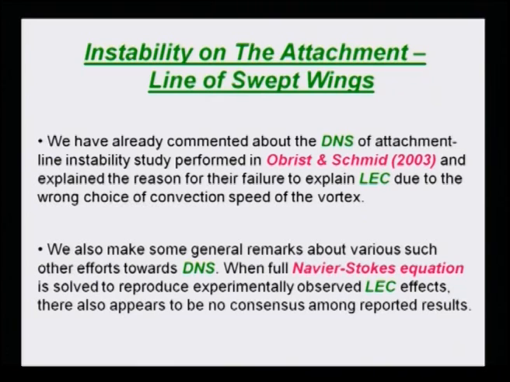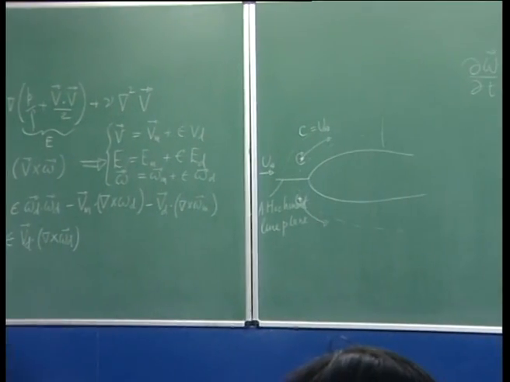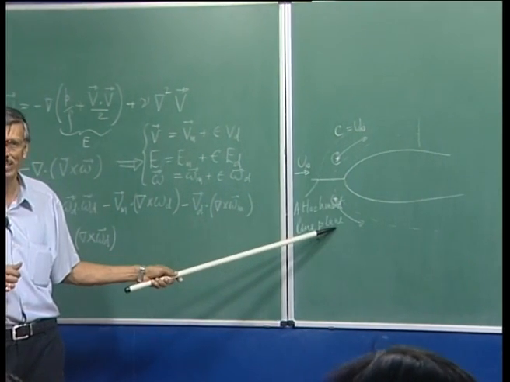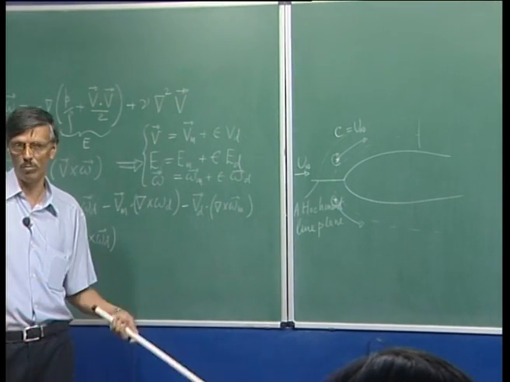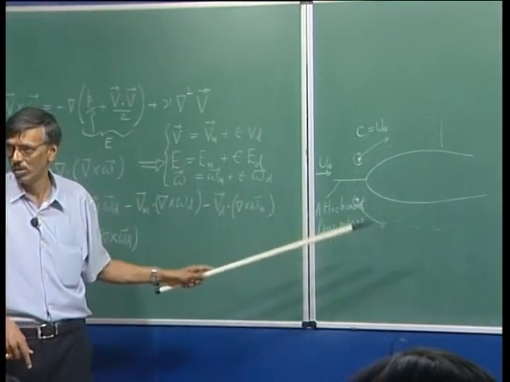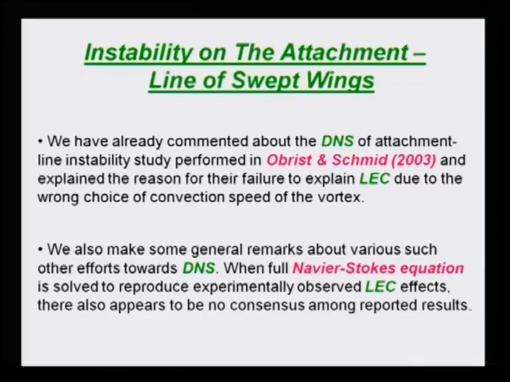I have talked about the DNS of attachment line instability, as they thought they were doing, but they were actually doing something else. So, now you understand, the hope was that if I take these two pairs, then if there is something happening on the attachment line, that will be automatically picked up, because your computational domain included both the top surface as well as the bottom surface, but unfortunately they did not pick it up.